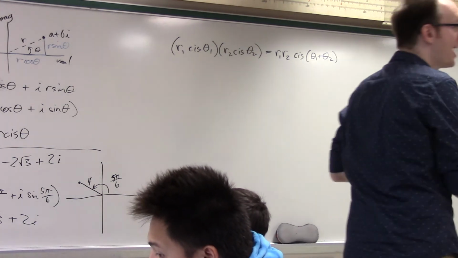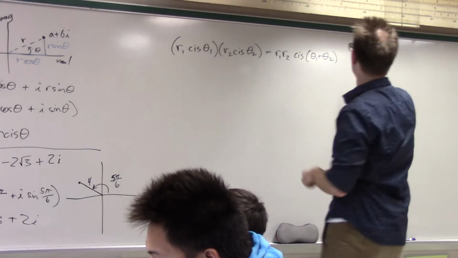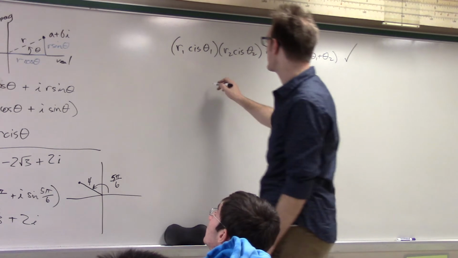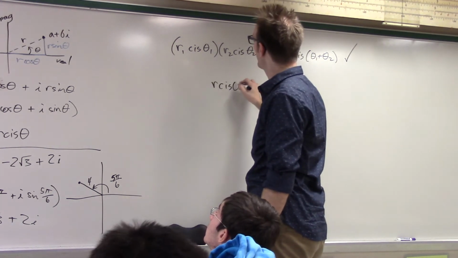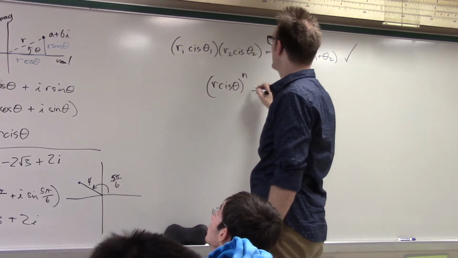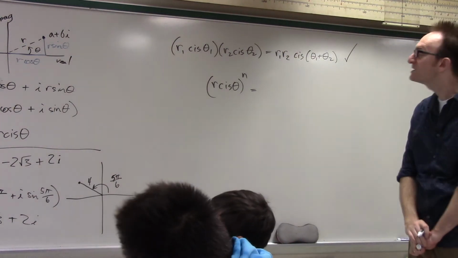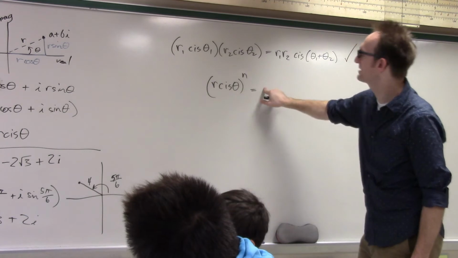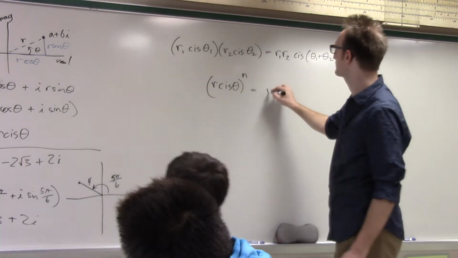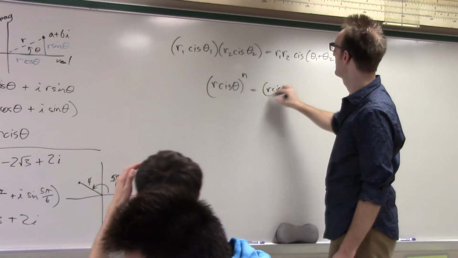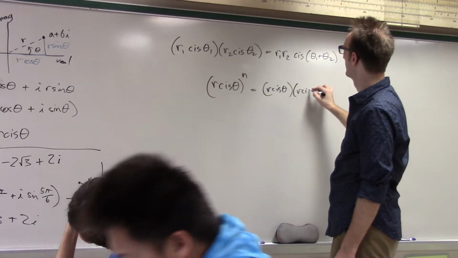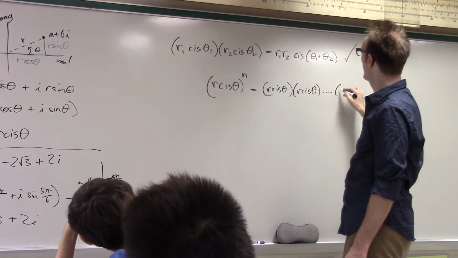All right, good. This is a fact. You can prove this. It takes like 1 minute. And it's also true that if you take a complex number like r cis theta and you raise it to the nth power, then this is just r cis theta times r cis theta times r cis theta, a bunch of them, and r cis theta.